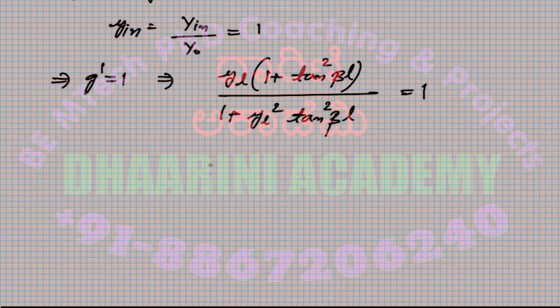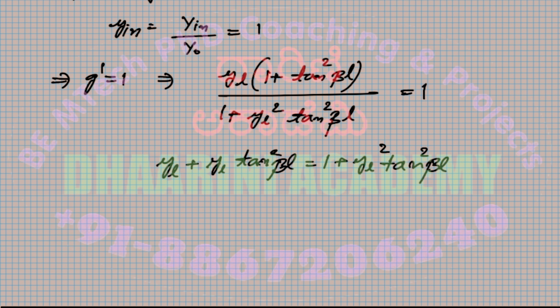Cross multiply. That means I expand and write YL plus YL tan square beta L should be equal to 1 plus YL square tan square beta L.